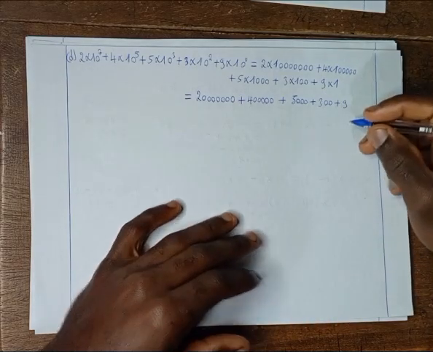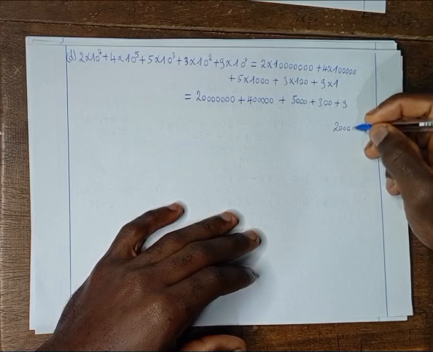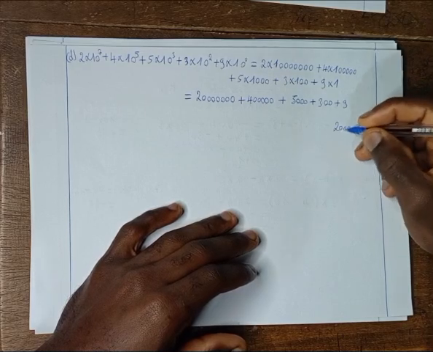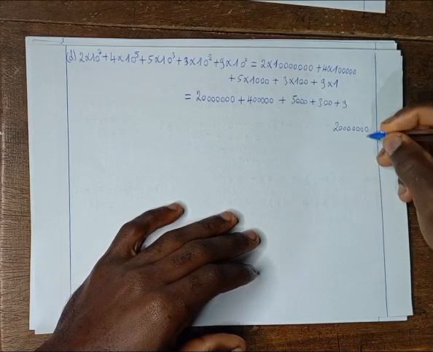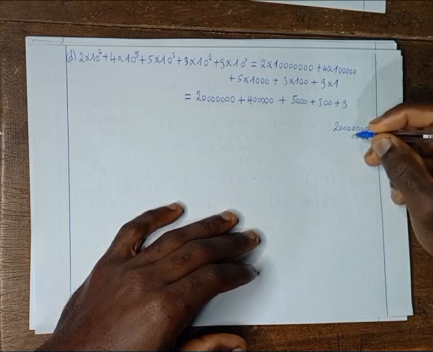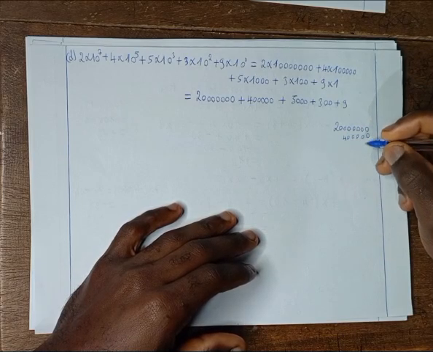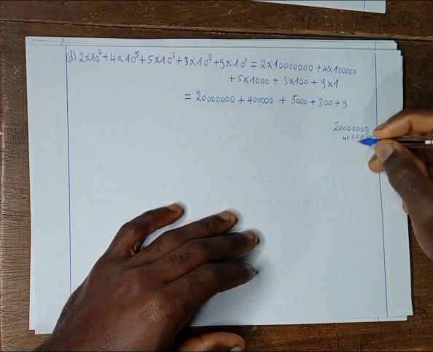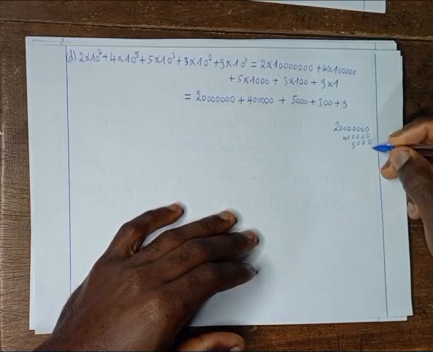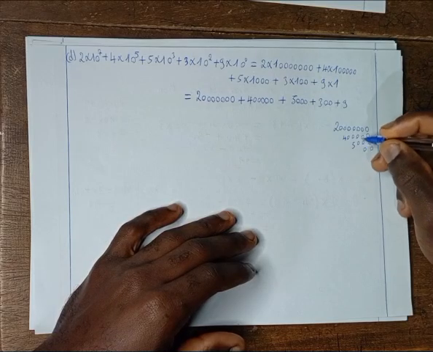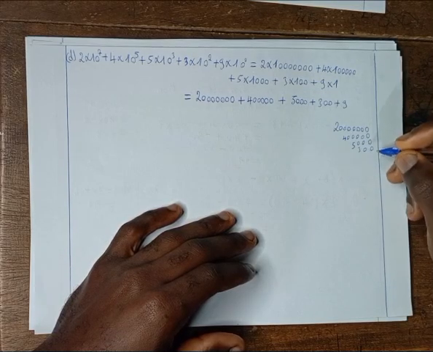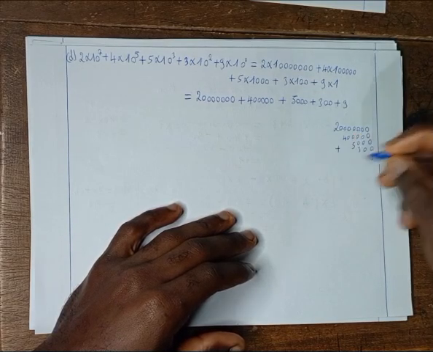Next, we have to add 20 million plus 400,000 plus 5,000 plus 300 plus 9.